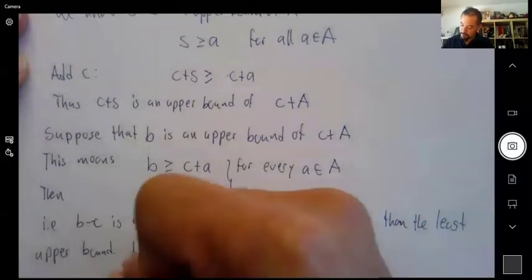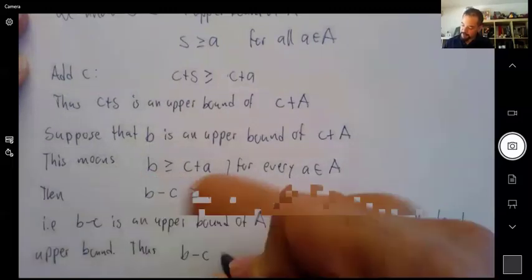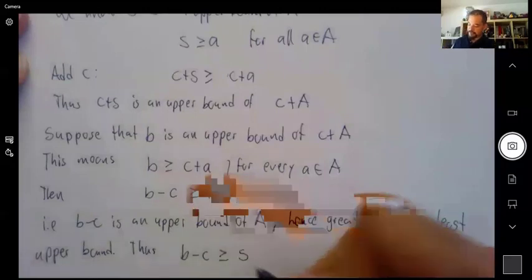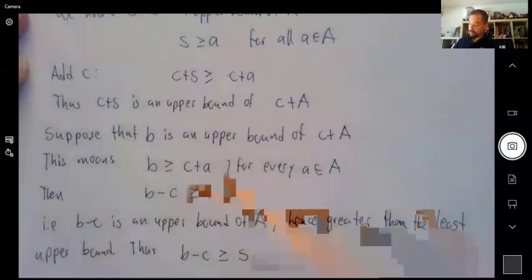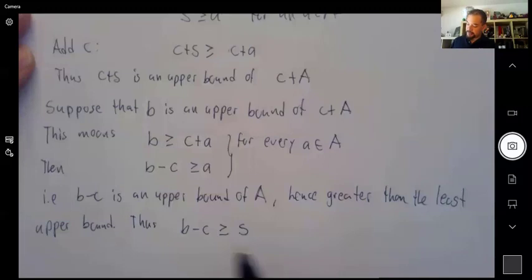Thus, B minus C is greater than or equal to S, because S is the least of the upper bounds. And then all I need to do is add C again.